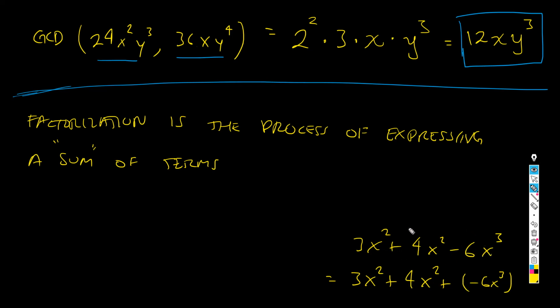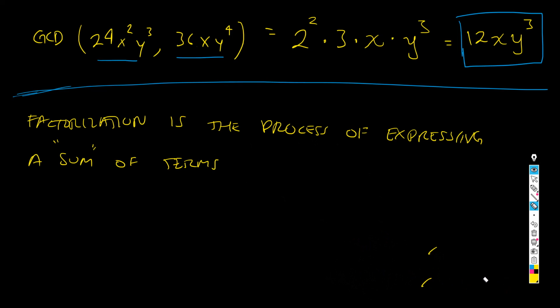So that's why this is generalized, and we say that this is just an algebraic sum. Okay, so factorization is the process of expressing a sum of terms as a product. Okay? Converting a sum into a product.